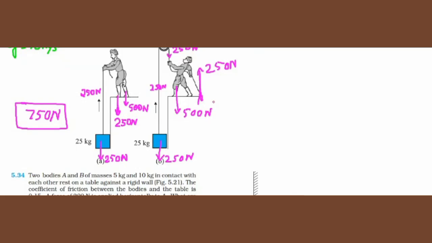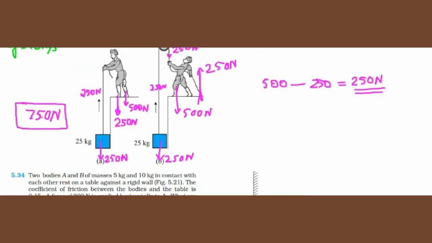So what is the total force acting on the floor now? The total force acting on the floor is 500 minus 250. So you will get 250 Newton. So the total action on the floor is 250 Newton now in second case.